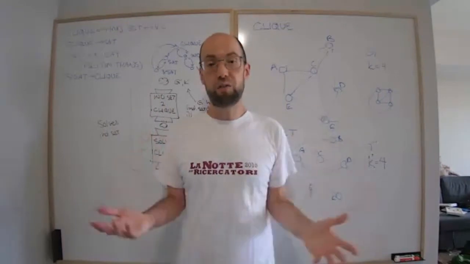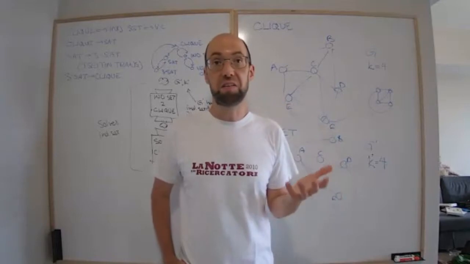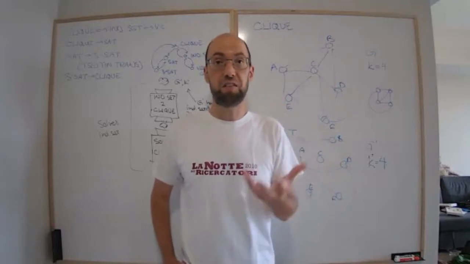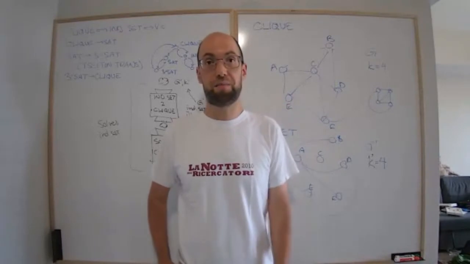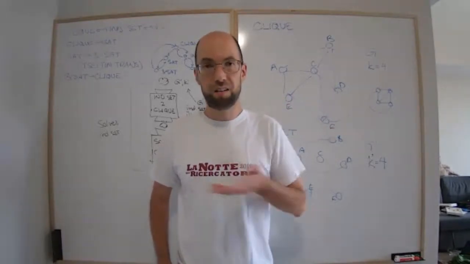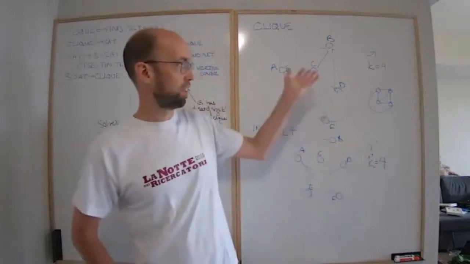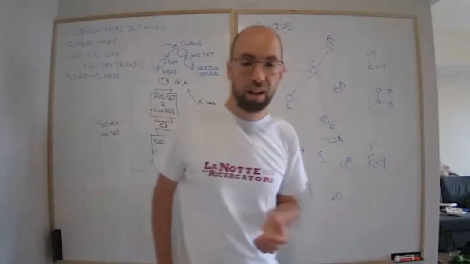So if somebody gives you a huge graph, they might have k is equal to 20. That's asking you, is there a subset of 20 vertices, all of which are connected to each other? K is just part of the input. It's like G. Why does the graph look like this? Because it does.